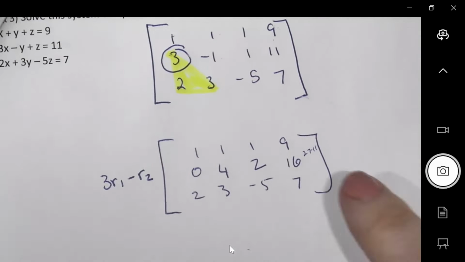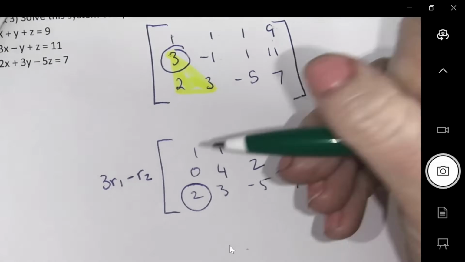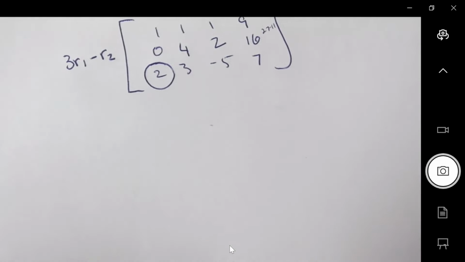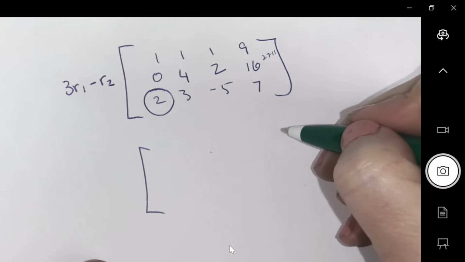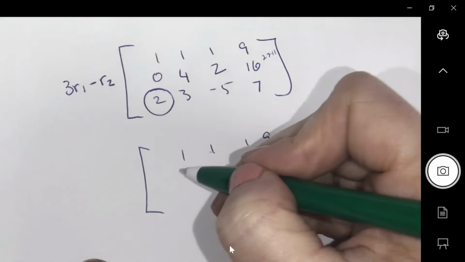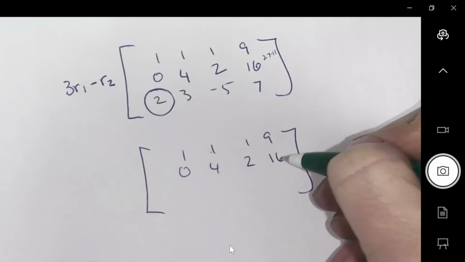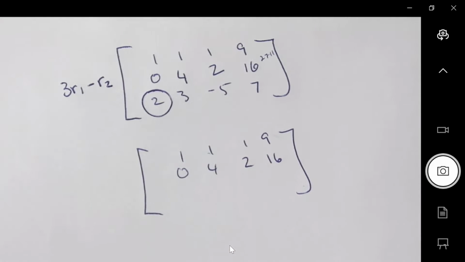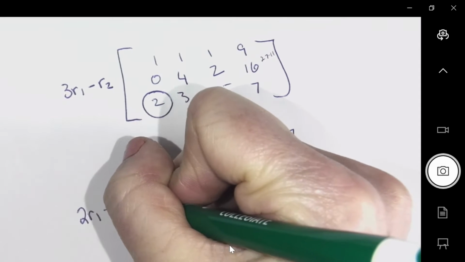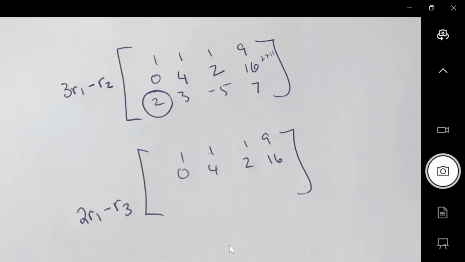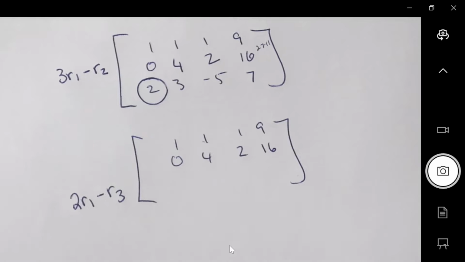Okay. Next, I'm going to attack that one. So rewrite the first 2 rows. Okay, how are we getting rid of that one that I circled? I'm going to go 2 row 1 minus row 3. 2 of the top minus the bottom.